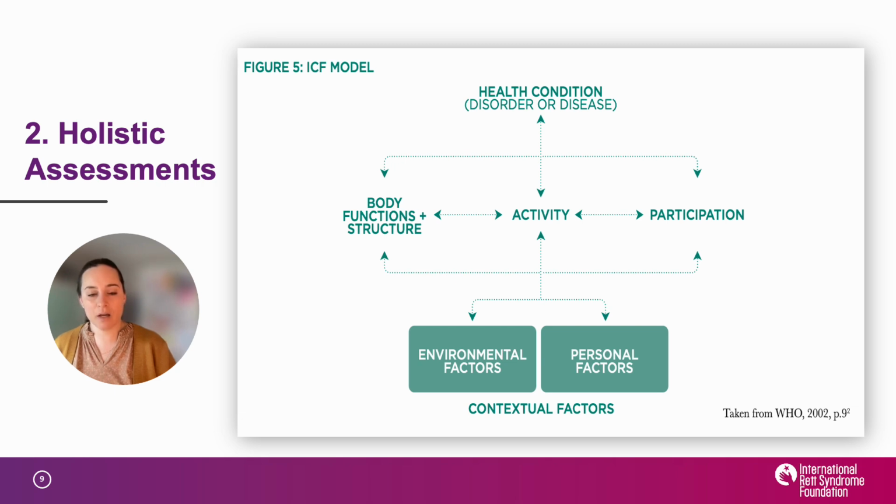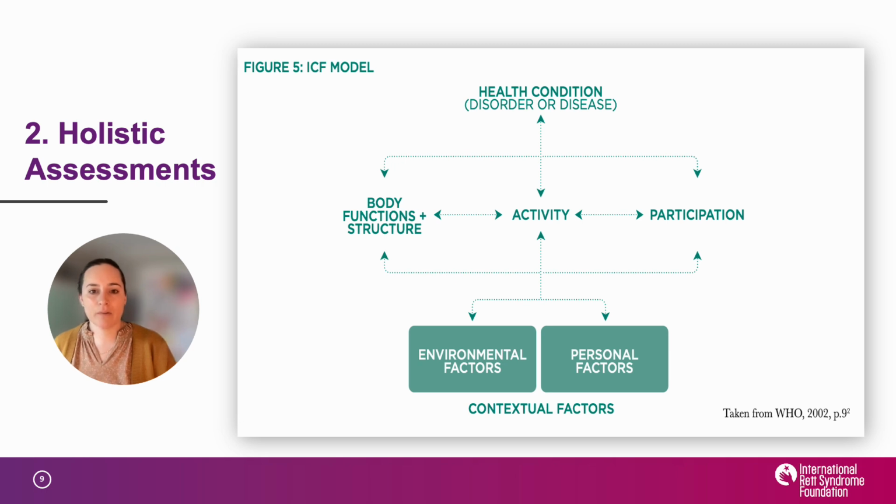So we're looking beyond just this person that I'm assessing has Rett syndrome. But how do they function in their daily life, and how do they interact with their environment? So first, let's look at the two main components. So we have functioning and disability.